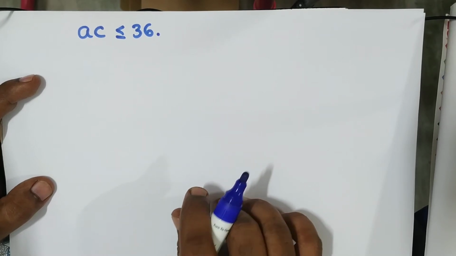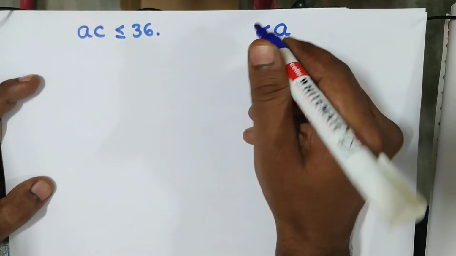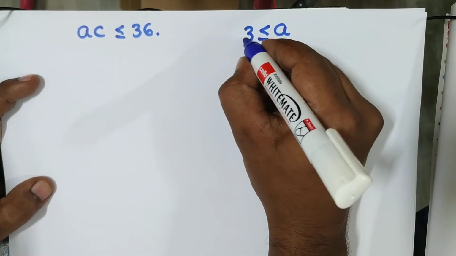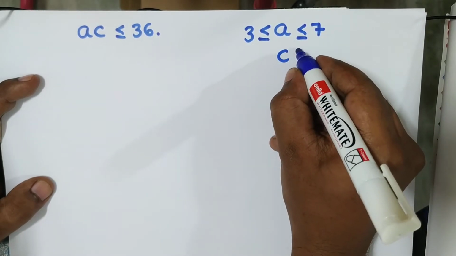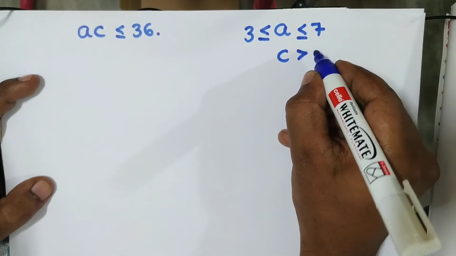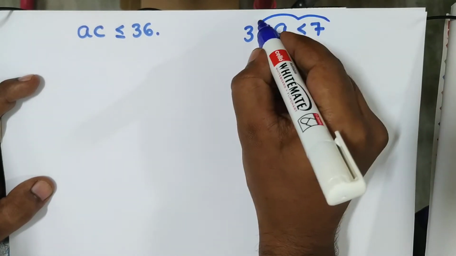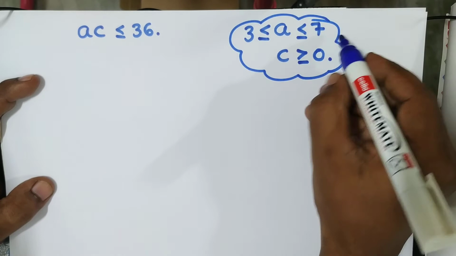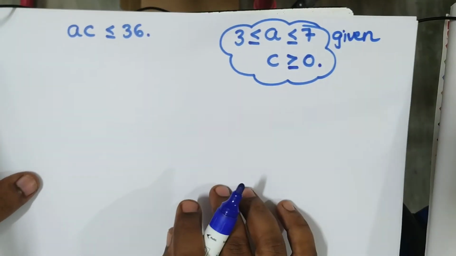So AC is this, and in our given question A is sitting in between 3 and 7, and he also gave C positive or equal to 0. So these two are given to you.